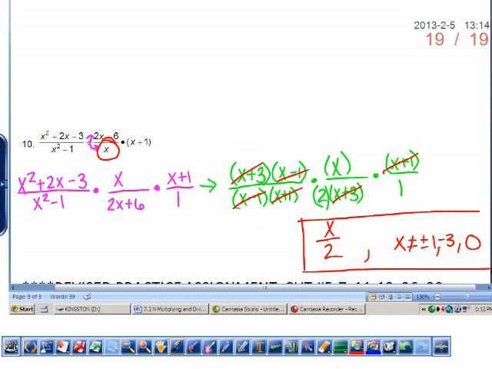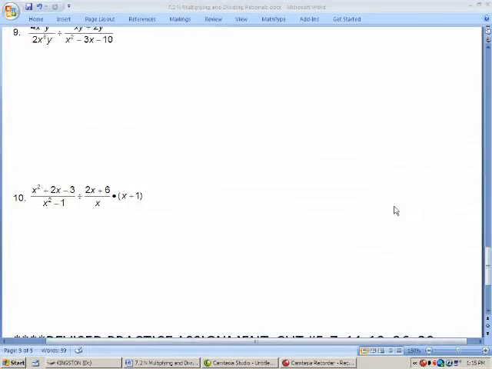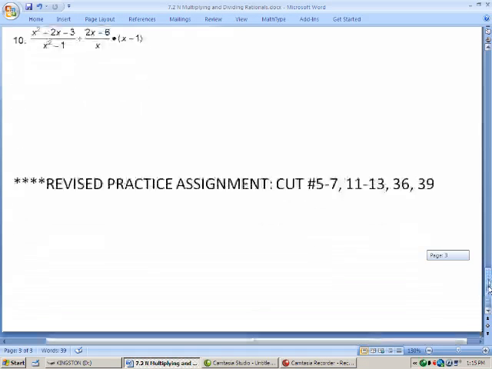Questions on that? Okay. On your homework tonight, you may cut numbers 5 through 7, numbers 11 through 13, and numbers 36 through 39. Some of the homework problems will say, identify any x values for which the expression is undefined.